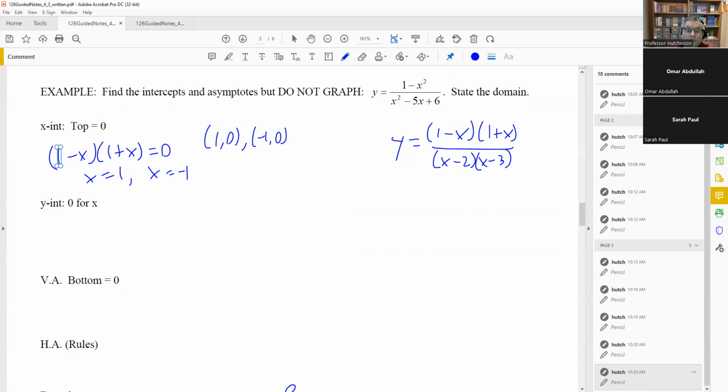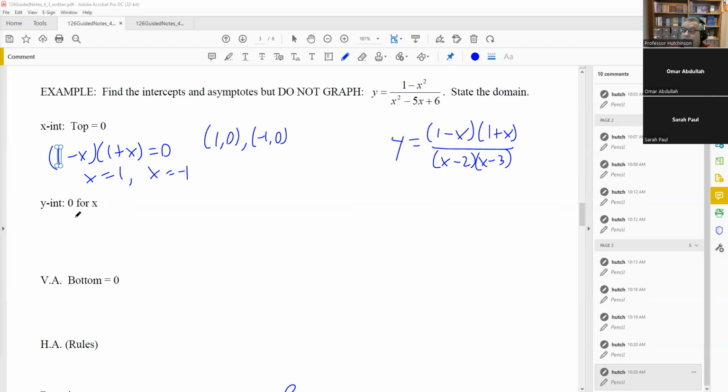But it may or may not say to write them in coordinate form, so just read the instructions. If it says coordinate form, we'll do that. Otherwise, all you have to do is put 1 and negative 1 down for the answer.